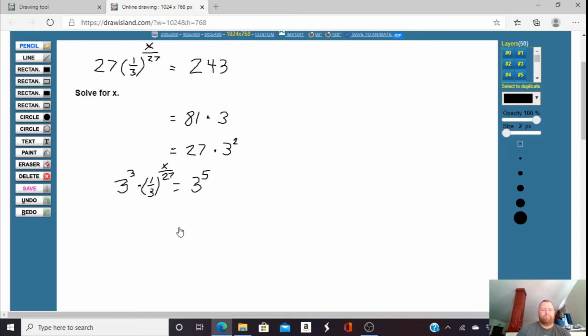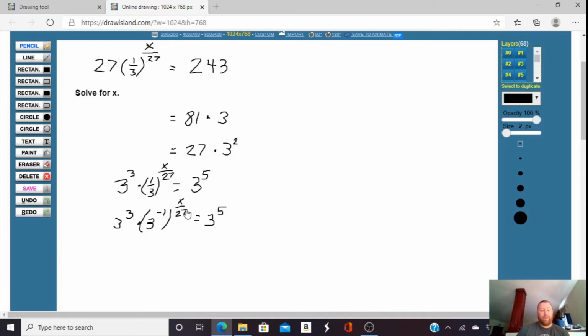So really we have 3 cubed times 3 to the -1 power raised to a power, the x over 27 power, and we want to figure out what we can do to make this whole thing here 3 squared.